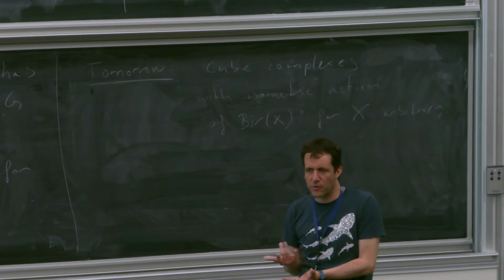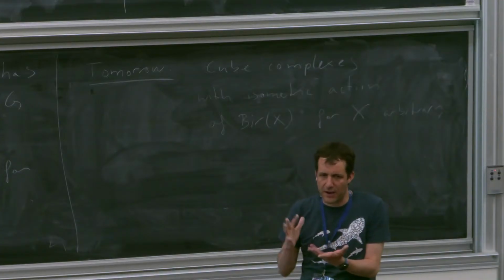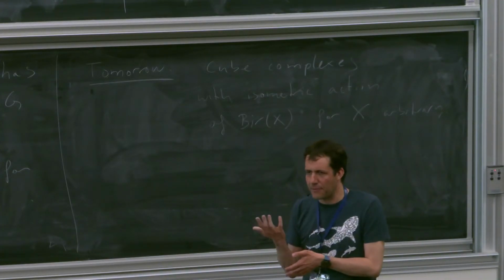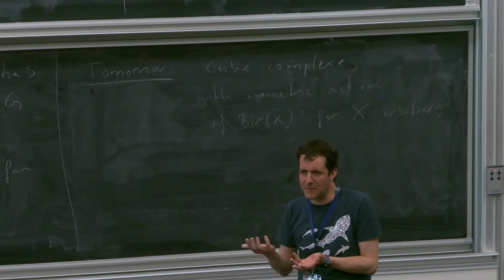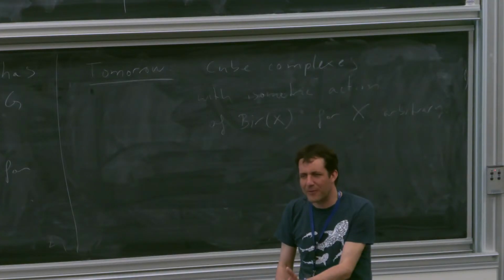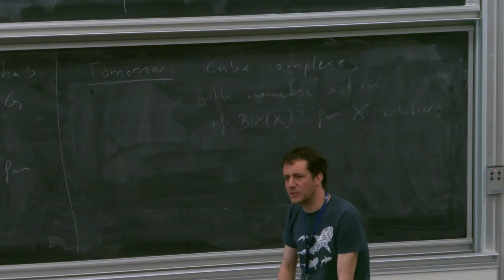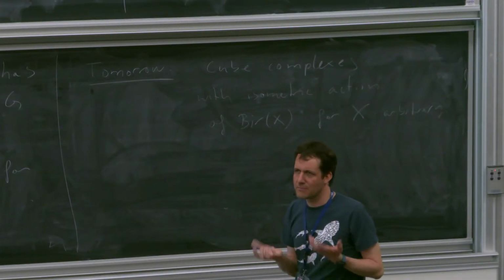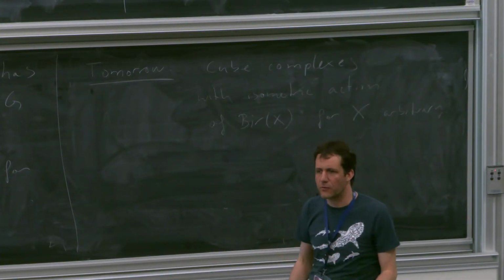For infinite dimensional cube complexes, you can define these boundaries, but I'm more interested in the applications, and I haven't seen any. But one can define it, and for finite dimensional cube complexes, they are even used to show certain forms of the Tits alternative.